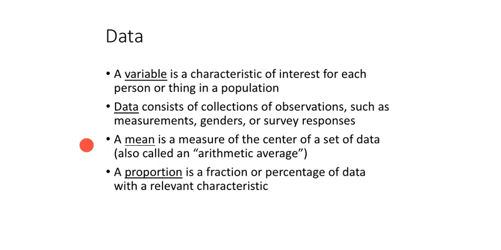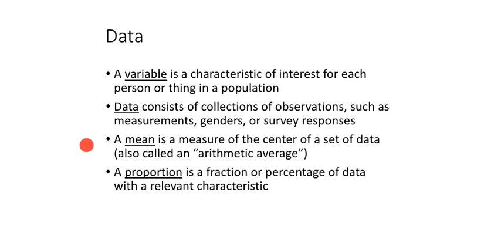Data itself consists of the collections of the observations, the measurements, genders, or survey responses that we find. When we say a mean, we're talking about a measurement of the center of that data. If I say the mean height of 1,000 males that I sample is 5 foot 8 inches, well, that is a mean. That is a measure of the center. Not everybody is 5 foot 8 inches. Clearly, there are males who will be much taller and males who will be much shorter.